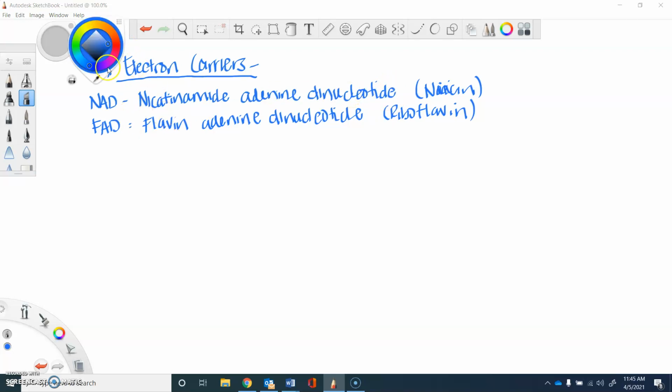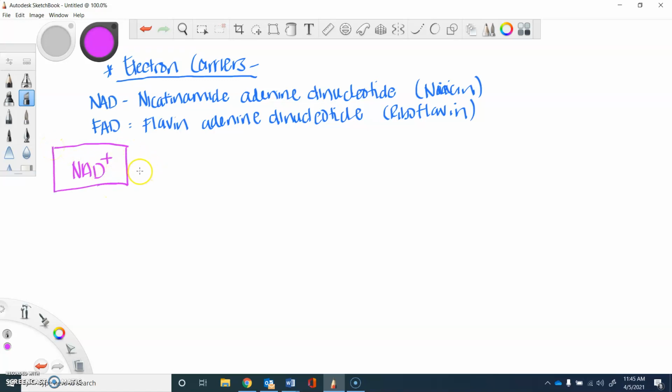So the NAD is a molecule, and looks like this, NAD+. And it has room on it to take on electrons.